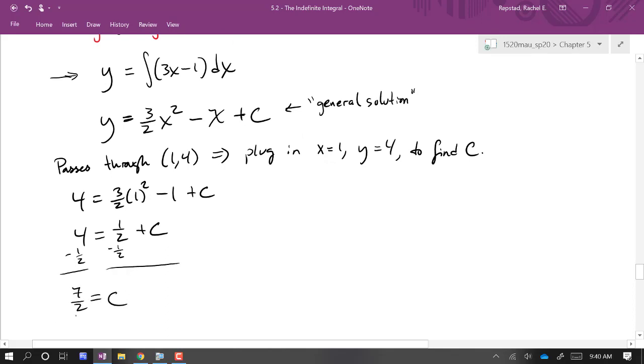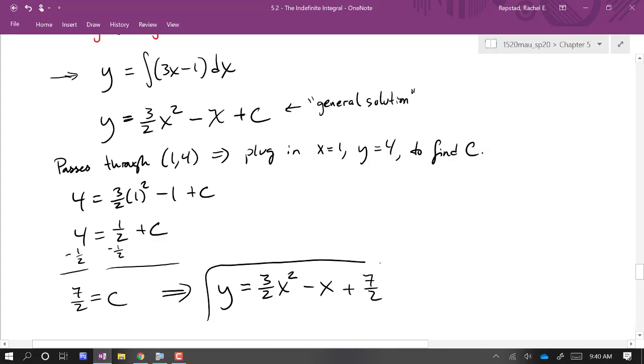And now I've found c, we're just about done. The last thing I'm going to do is take this value of c and put it in that function. So our new function is 3/2 x squared minus x plus 7/2. And this is the function we're after. We call this the particular solution.